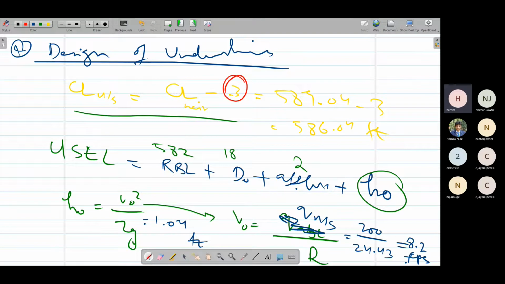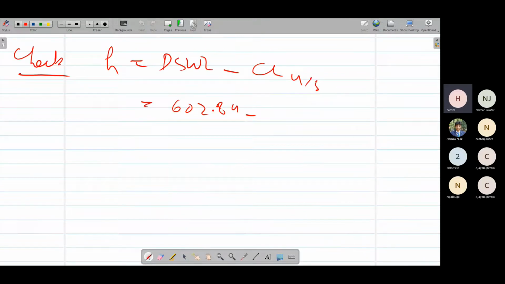So simply subtract this 3 from this upstream water level. We are assuming there are no losses. So this is downstream water level minus crest level, where the crest level is approximately 586. So we can get this as 15 feet approximately.